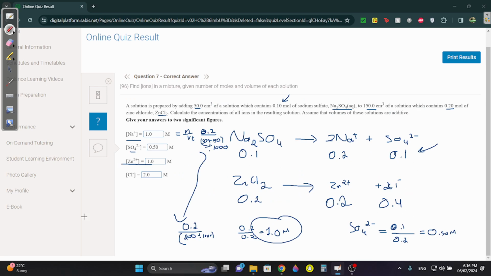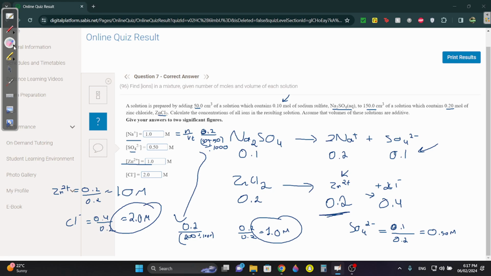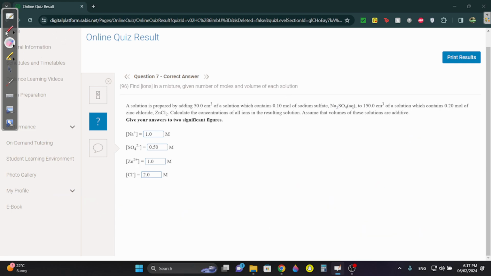Then Zn2+ equals the moles of Zn2+, which we said was 0.2, over the total volume, which is 0.2, you get 1.0 molar. And Cl-, you do the moles of Cl-, which is 0.4, over the total volume 0.2, you get 2.0 molar concentration.